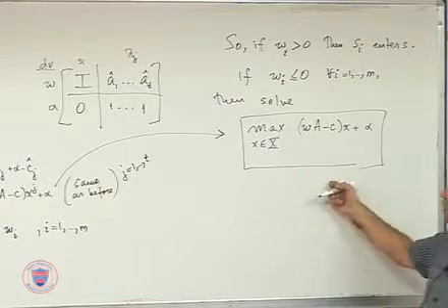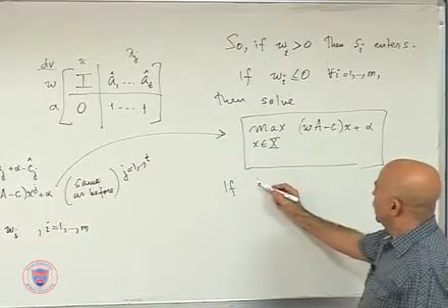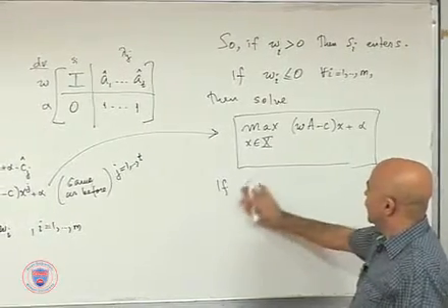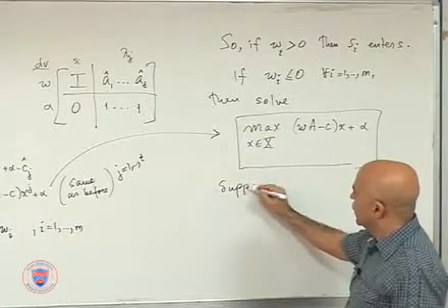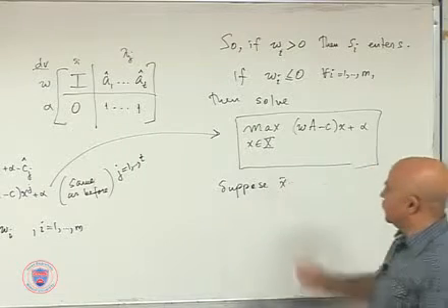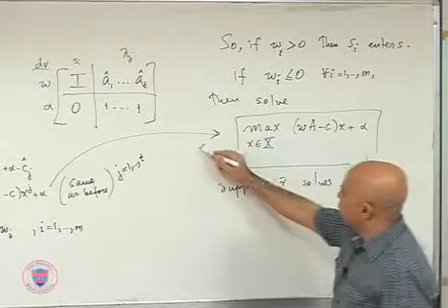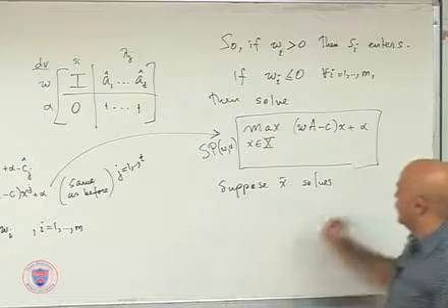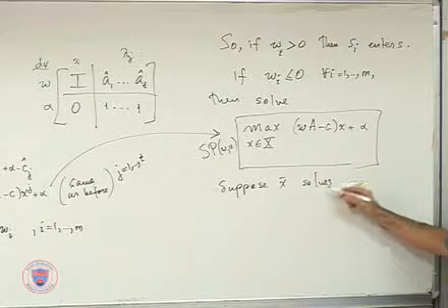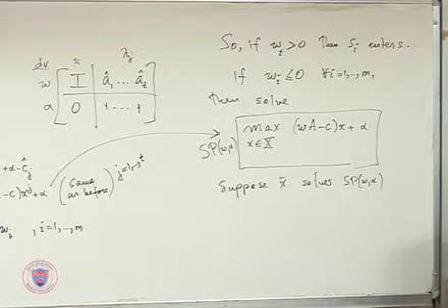Okay, so solve this. Suppose some extreme point, say x bar, solves the subproblem. Let's just call the subproblem defined by W alpha, SP W alpha.